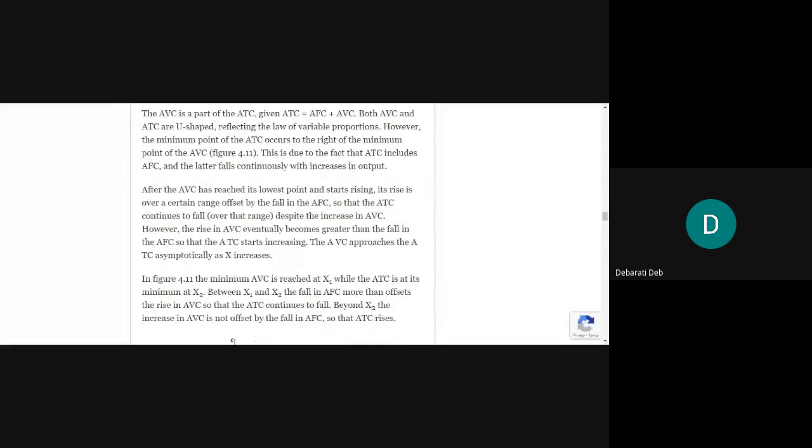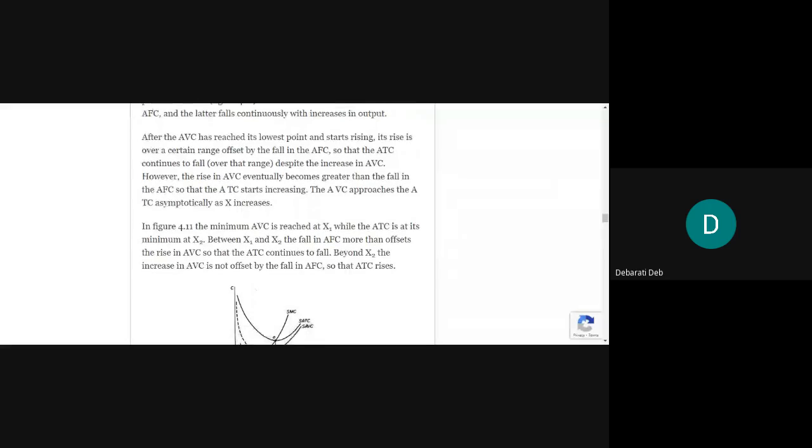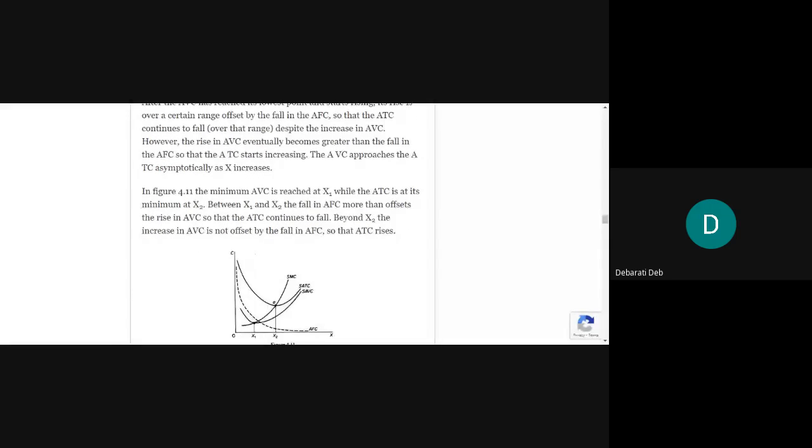After reaching the lowest point, when the AVC starts rising, its rise is over a certain range offset by the fall in the AFC, so that the ATC continues to fall over that range despite the increase in AVC. See, from x1 to x2, ATC is falling continuously, and this is happening due to the presence of AFC in it, because AFC is always falling.